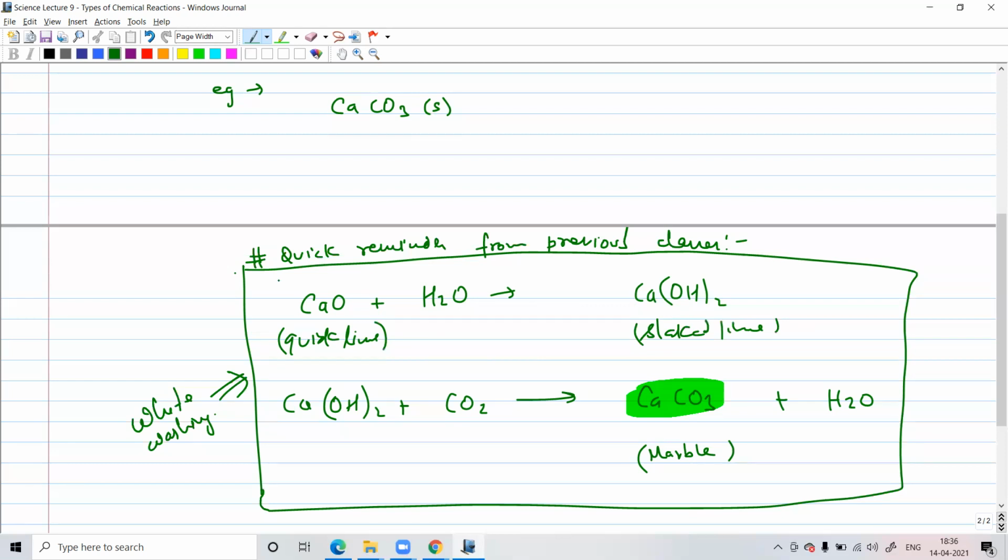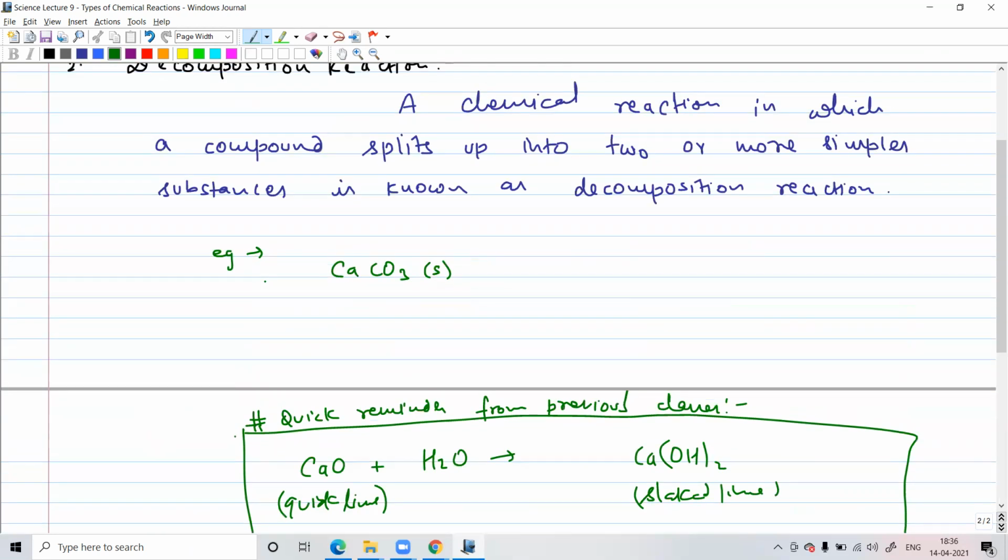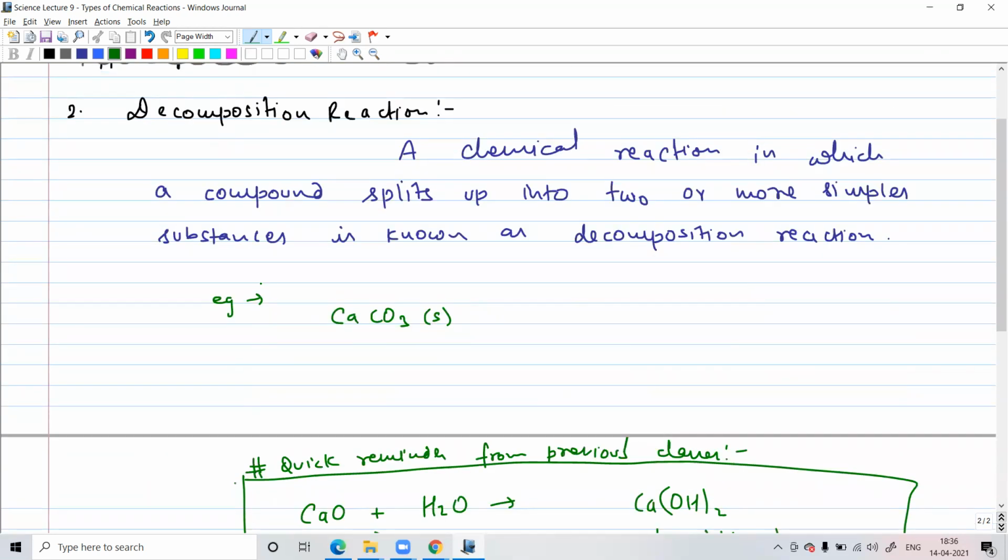So this calcium carbonate which was formed, now we are going to decompose it. Like I said, we are learning decomposition reaction. So this is one compound, and I want to break it down into simpler compounds, and let's see what happens. When calcium carbonate breaks down, it will give you calcium oxide plus carbon dioxide.